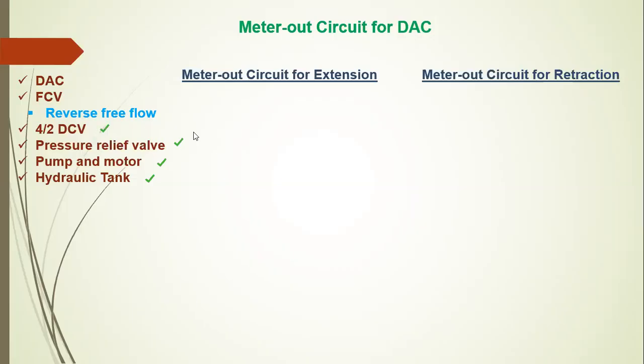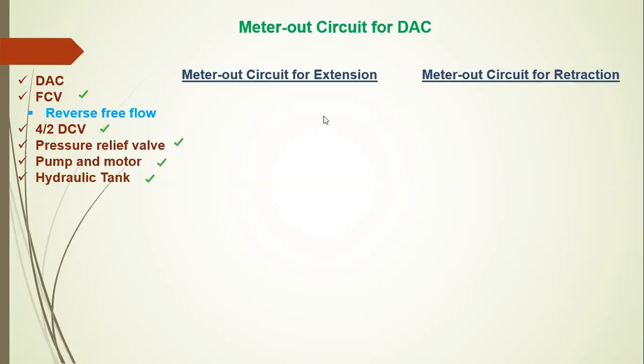Here we use one 4x2 DCV. For any speed control circuit we always require a 4-port valve, like a 4x2 valve or 4x3 valve. Then, to control the flow of oil under pressure in the outlet condition, we require one FCV, flow control valve.